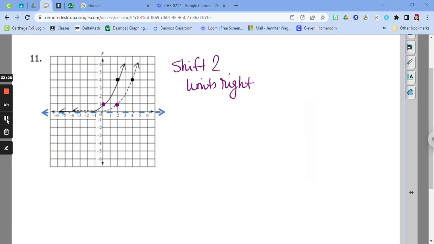All right, so there's our change. What kind of graph do I have? Exponential.